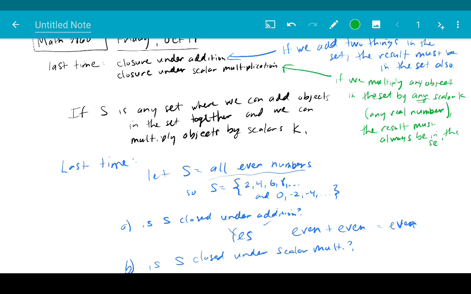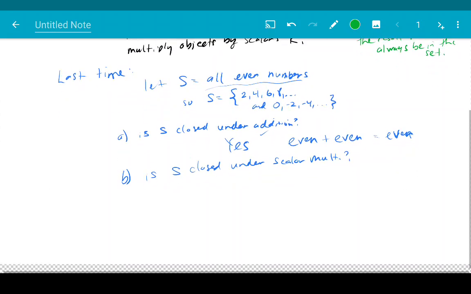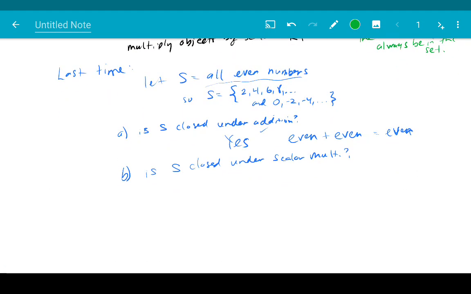So in other words, you can't scale or multiply your way out of the set. And just to recap, closure under addition means you can't add your way out of the set. All right, so let's apply that criteria here for the set of all even numbers. Does that satisfy closure under scalar multiplication?